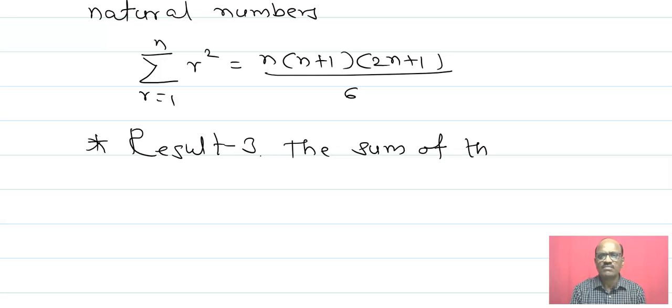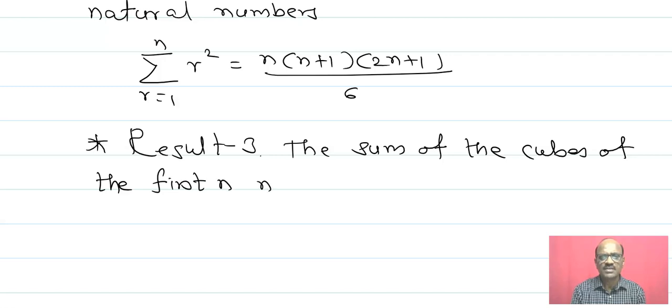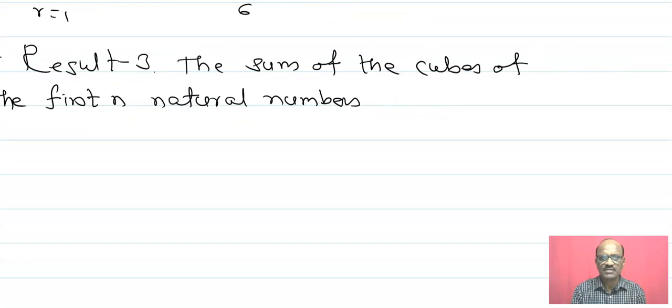The sum of the cubes of the first n natural numbers is nothing but n into n plus 1 upon 2, whole bracket square.